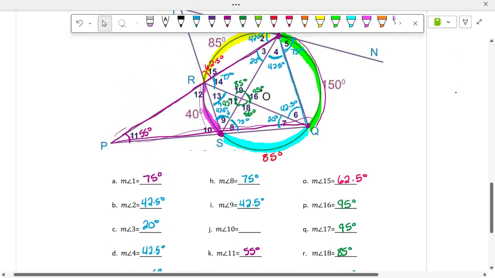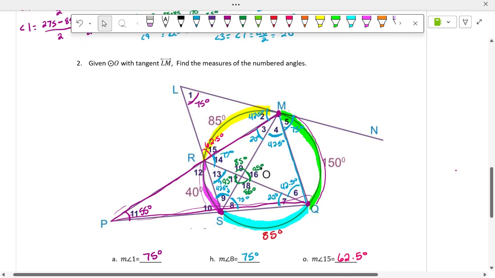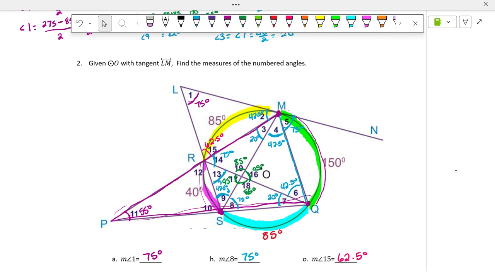All right. Now, help me solve one of my other angles. Anna. So either 12 or 10. You can pick whichever one you want to do. Okay. So how would you find 10? So we can't use one of our angle theorems, but we can use either linear pair or triangle.